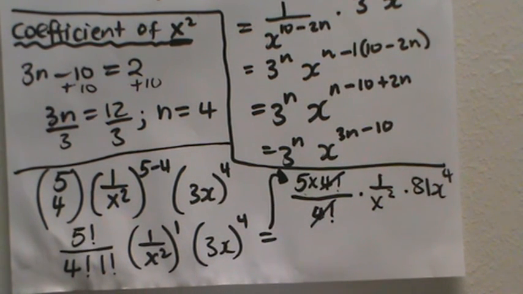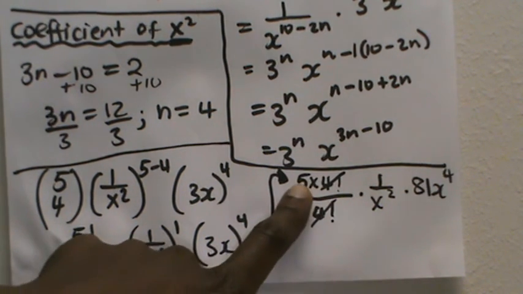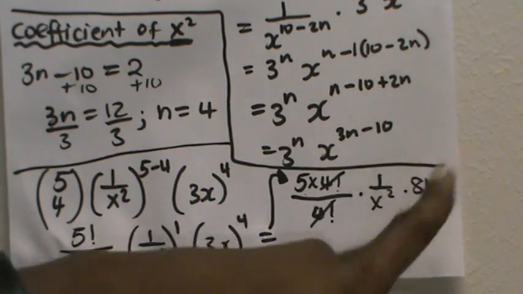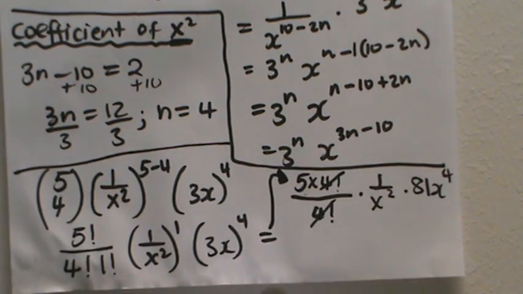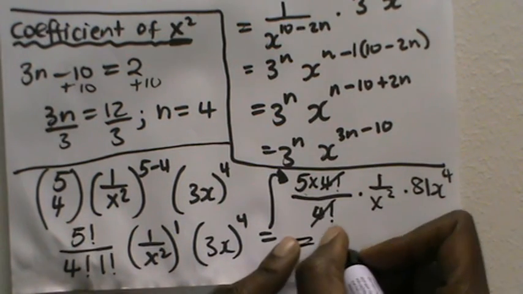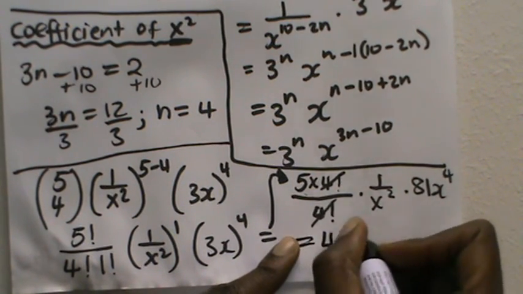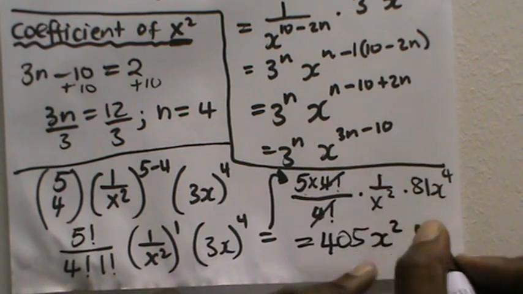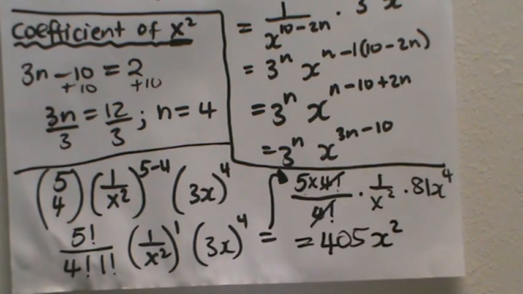Okay, so we can look at our numbers. I have 5 and I have 81. So multiply that on your calculator. I think you should get, is it 405? And then this coefficient is obviously going to be x to the power of 2. Because look over here, I have x to the power of 4 divided by x to the power of 2.